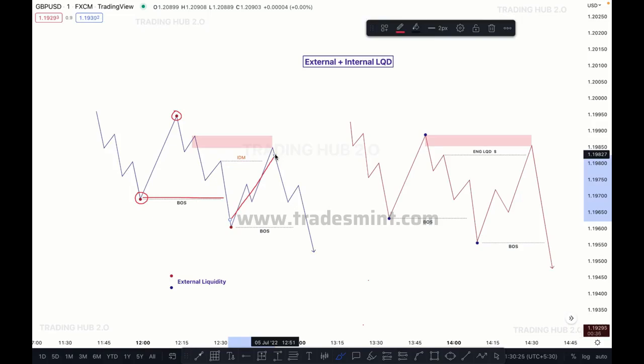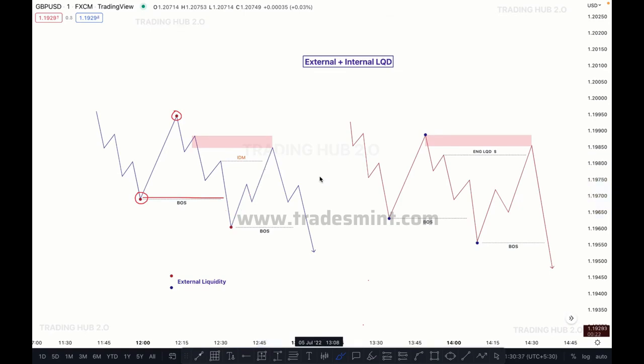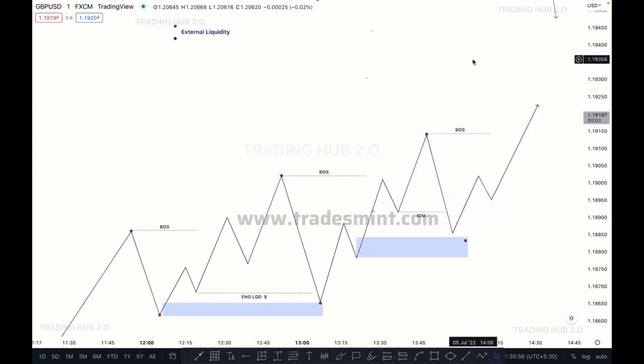External liquidity you can understand like this: major structure highs or lows are external liquidity. Every major high or low is external liquidity. The same thing applies here, because both charts are similar, and the same thing works in a bullish market. Let me show you. This is a bullish market. As you can see here, after taking the high, the market takes a pullback before continuing upside.